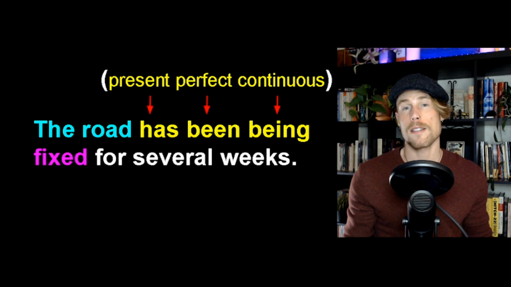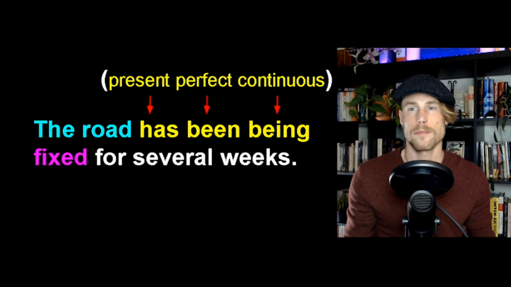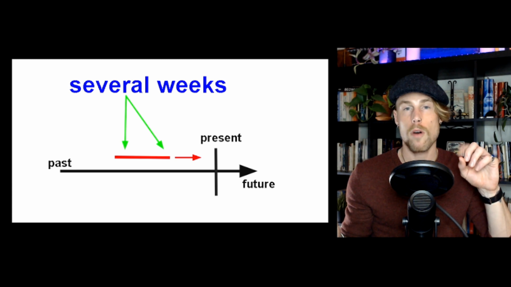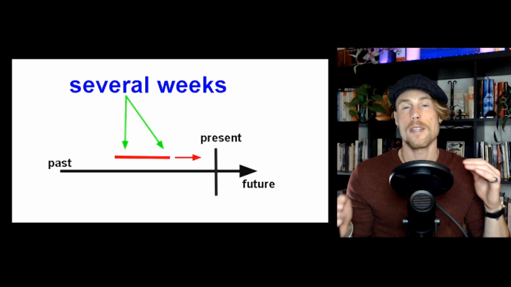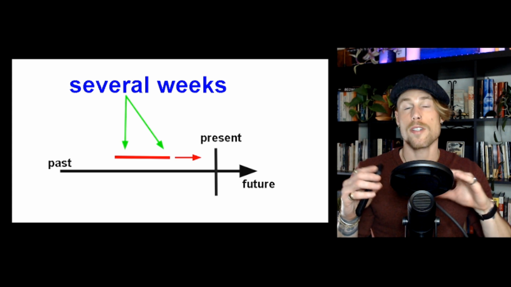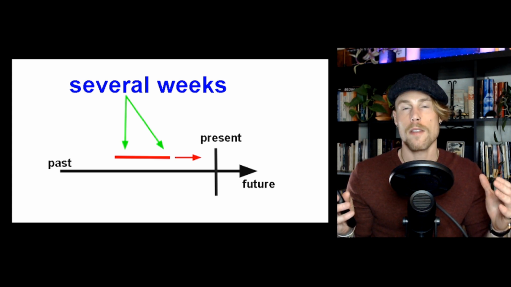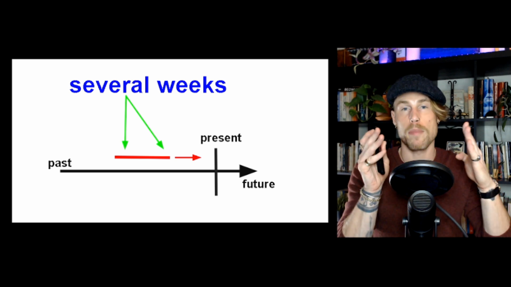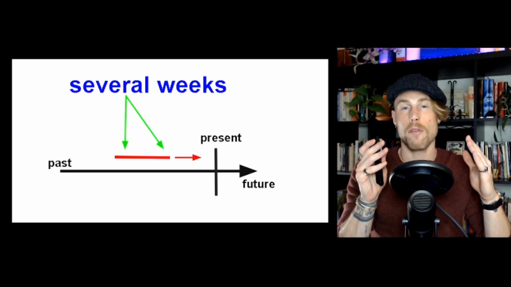Present perfect continuous. So you can see the first arrow on the right. This is from the past continuous example. The bigger line is the time before, several weeks before.